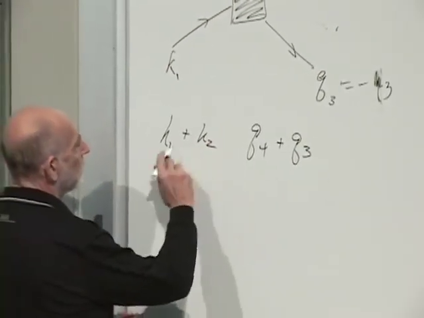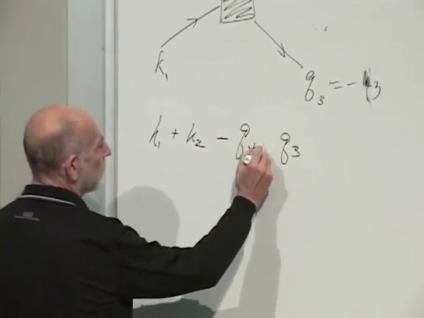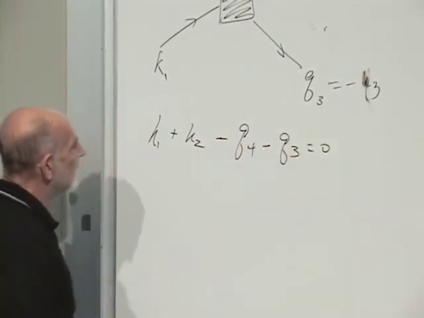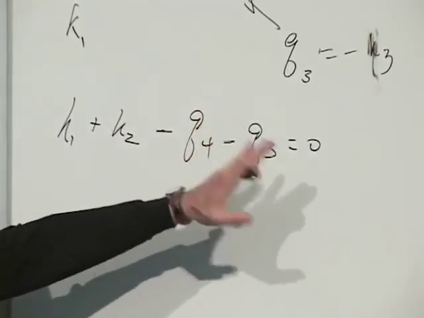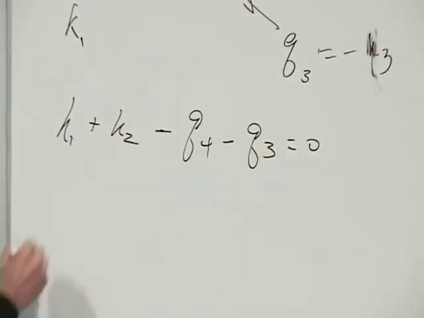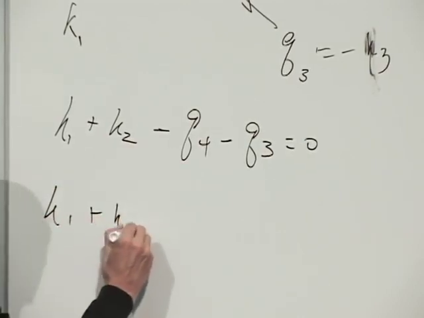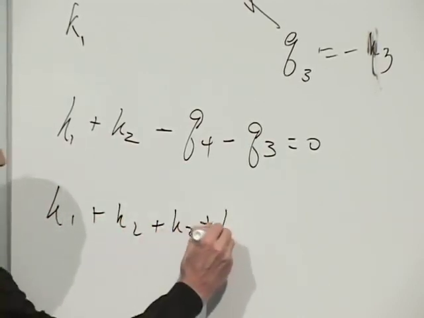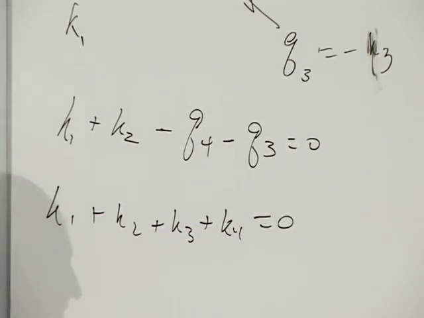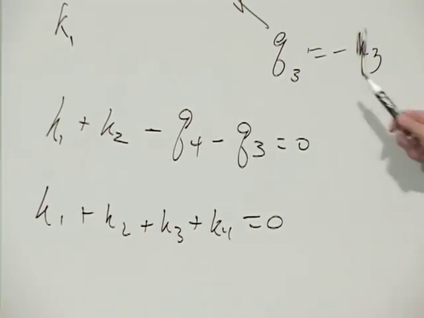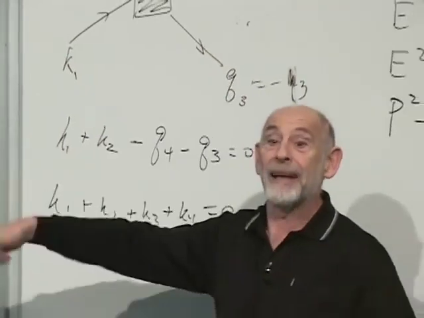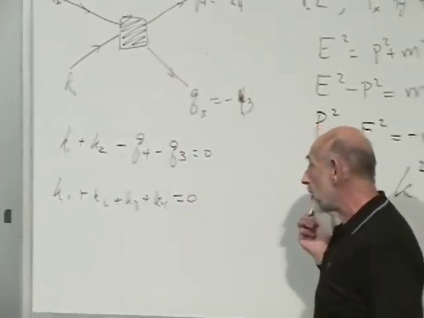Instead of writing k1, well, let's see what it is. Here's what it is. k1 plus k2 minus q4 minus q3 equals 0 now becomes k1 plus k2 plus k3 plus k4 equals 0. You treat all particles as incoming, but you have to remember that the label for the outgoing particles is minus the actual momentum of the outgoing particle.